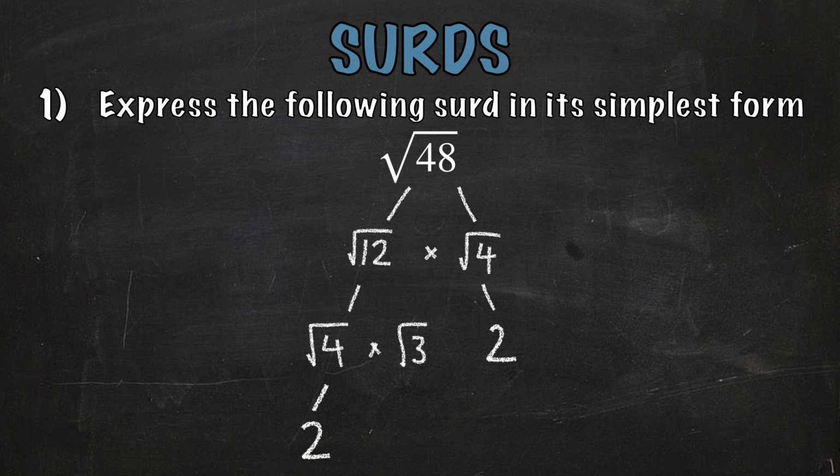Now we need to look at everything that's left over. So we have 2, square root of 3, and 2. The next step is important because we need to multiply all of these terms together. So let's start with 2 times 2, and we get 4, and then we multiply by the square root of 3, which gives us an answer of 4 square root 3. Since they are different terms, we cannot change the value of the square root of 3 by multiplying it by 4. So that is our final answer.